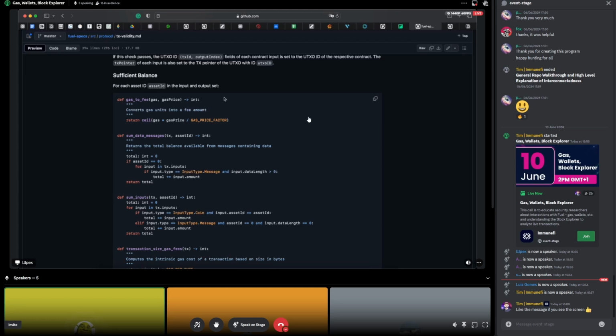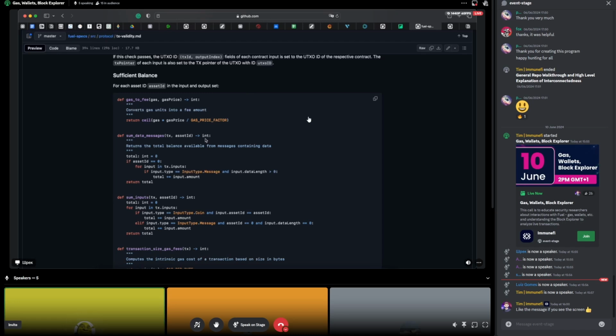Let's say you have one input coin that gives you 100 tokens, and you want to send them to someone else. You need a corresponding output with less or equal the amount of tokens from your input. So, for example, if your input has 100 tokens, your output should have 100 or less.